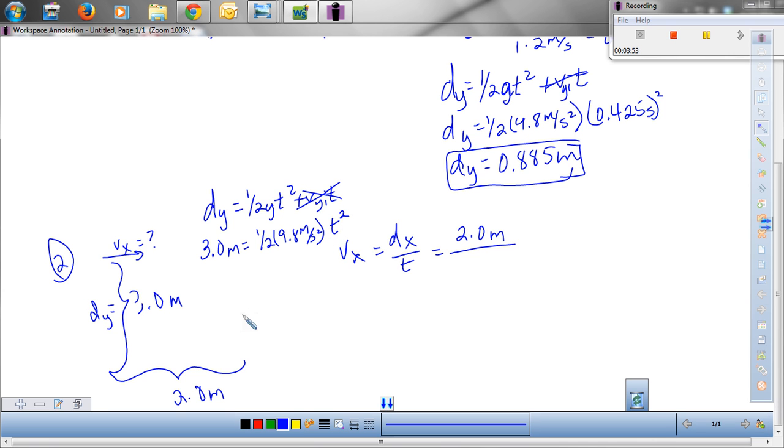So if I take 3.0 and divide it by half of 9.8, which is 4.9, and then square root that, the time of flight is 0.782 seconds.